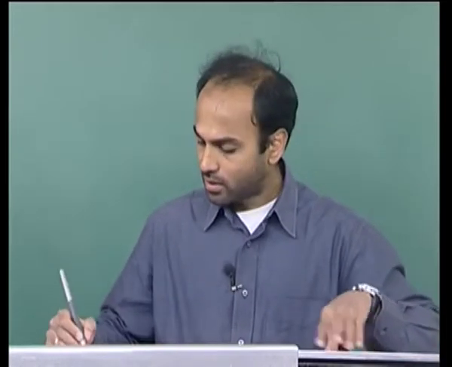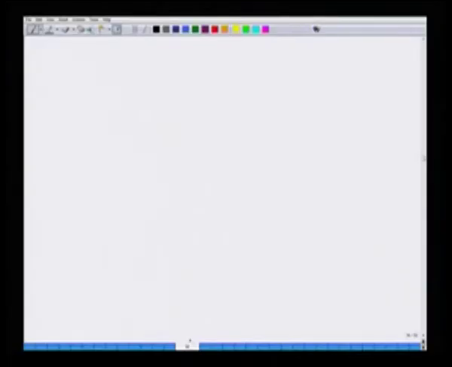So, what is MIMO? What is the definition of MIMO? Let me write the definition. MIMO systems are a special class of wireless systems which have multiple antennas at both the transmitter and the receiver.